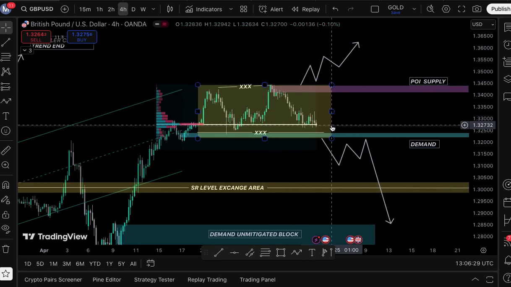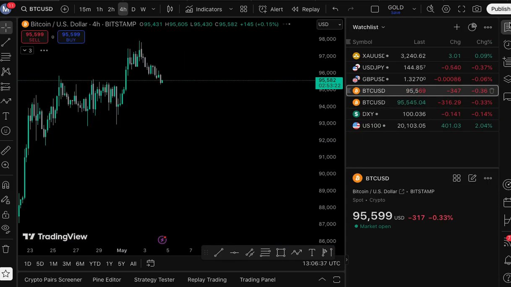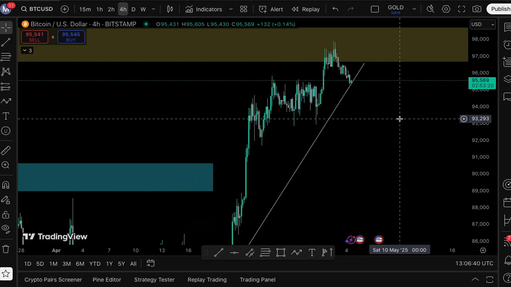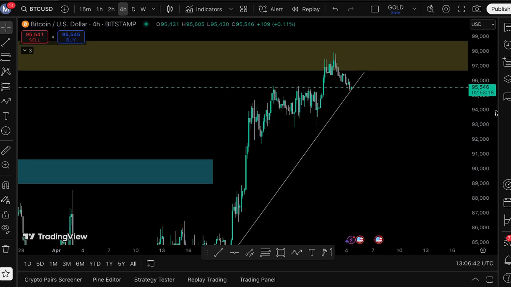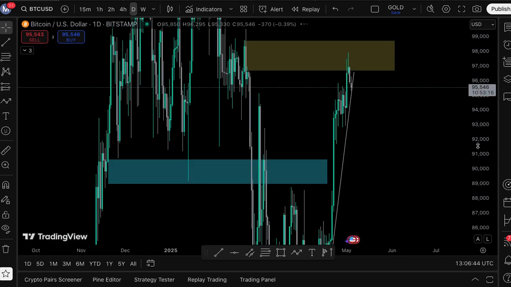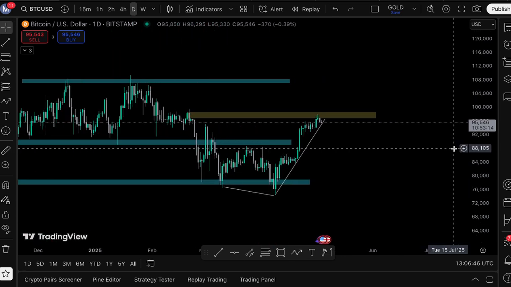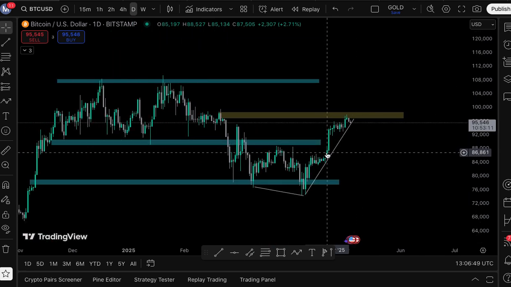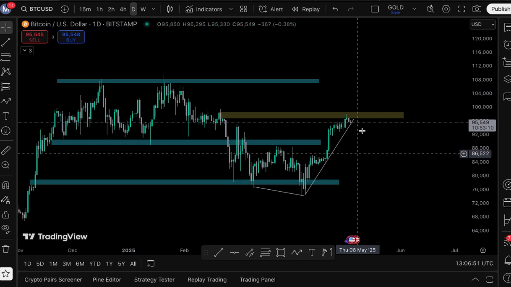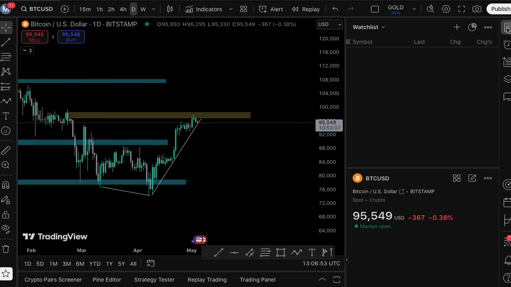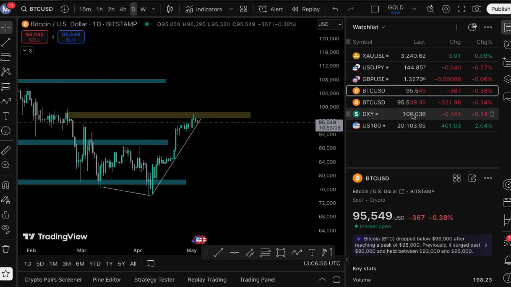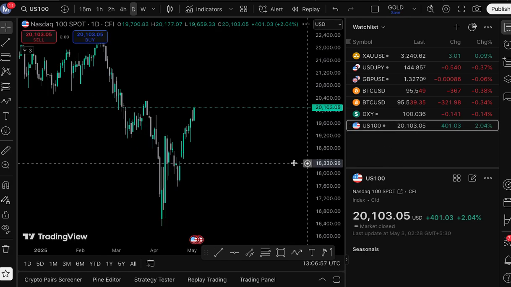Once it breaks the confirmation from this level, we will add more sets. And let's talk about the BTC. In BTC, as we can check in the daily time frame, there is not much volume, so we can discuss it later. And we talk about the Nasdaq.